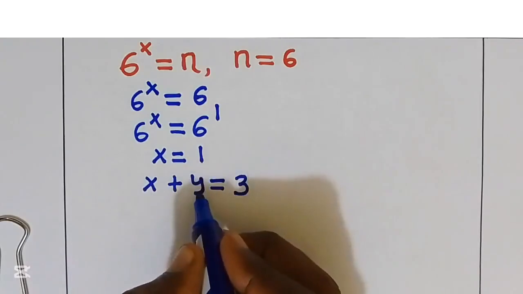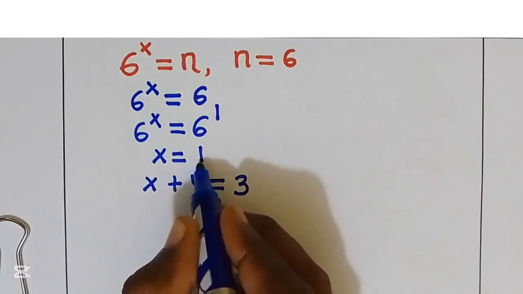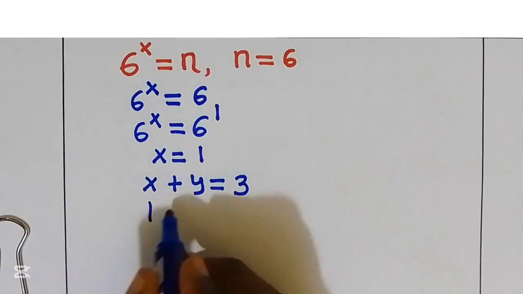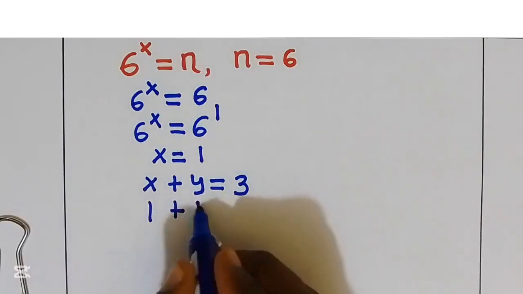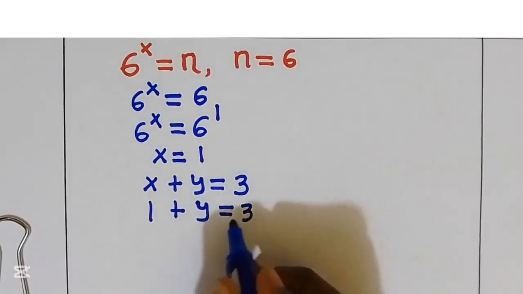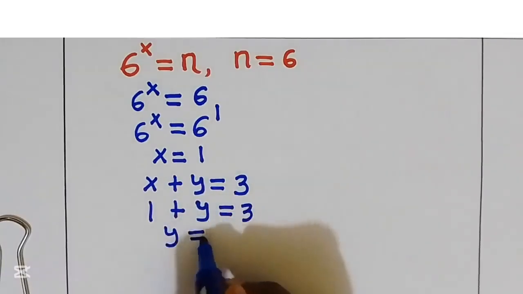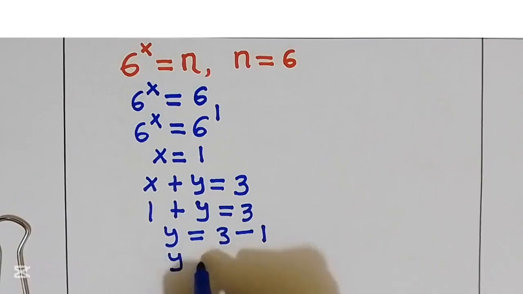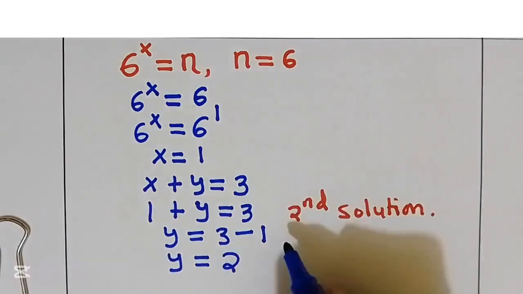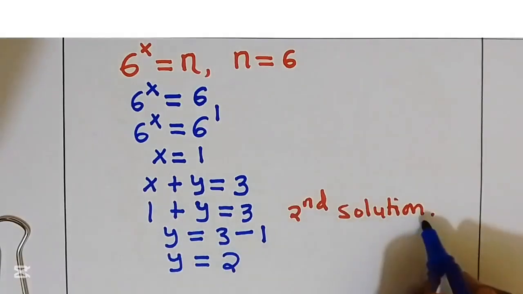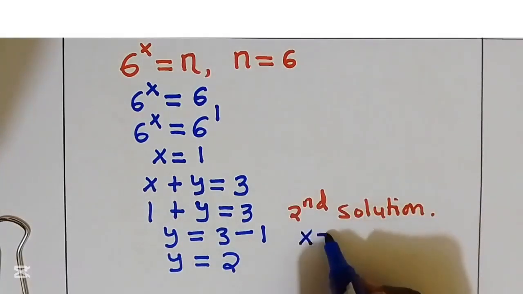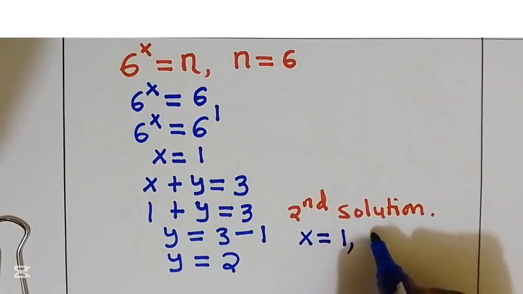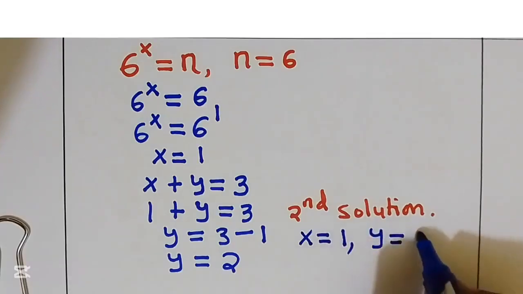I'm going to find the value of y by substituting x is equal to 1. 1 plus y is equal to 3. y is equal to 3 minus 1. We get y is equal to 2. Our second solution, when x is equal to 1, y is equal to 2.